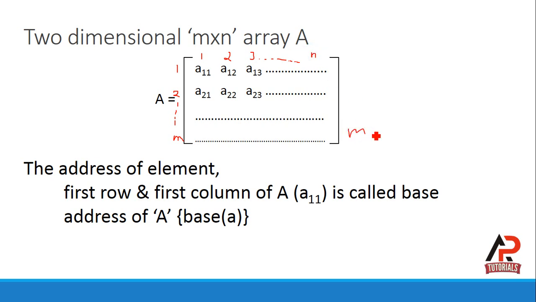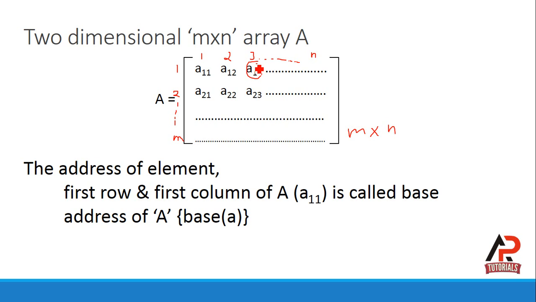It's an n cross n matrix. First, you need to find the address of any element. Suppose A13 and another element in the middle here. If you want the address of that particular element, you have to follow these rules.